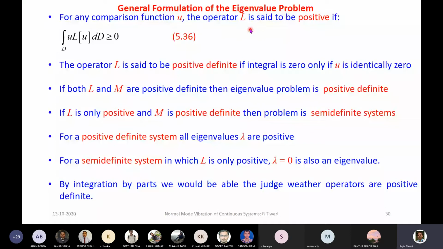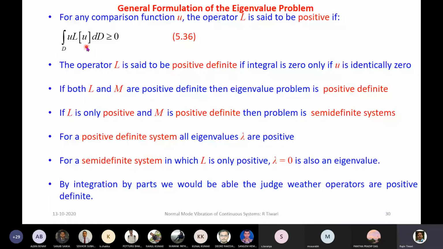If we have a comparison function u, and the integral over the domain of u times L operator on u is greater than or equal to 0, then we can say the operator is positive. We can say L is positive definite only if this integral is 0 when u is 0.